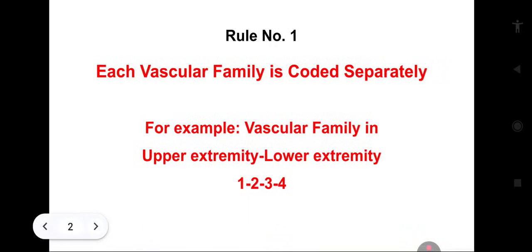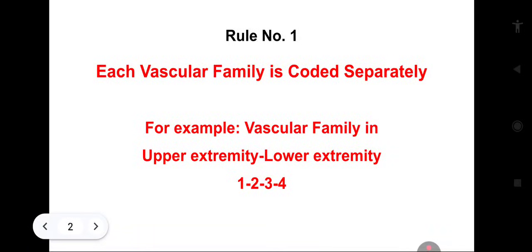So the first rule, as per my knowledge, is that you have to code each vascular family separately. This is very important because each vascular family is different, since all the vascular families arise from the aorta.